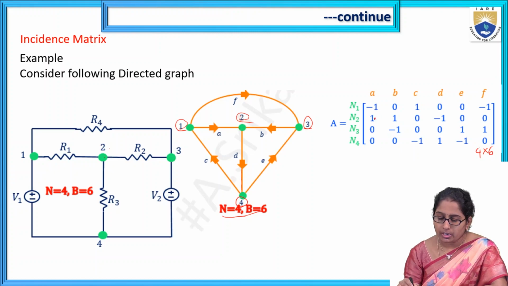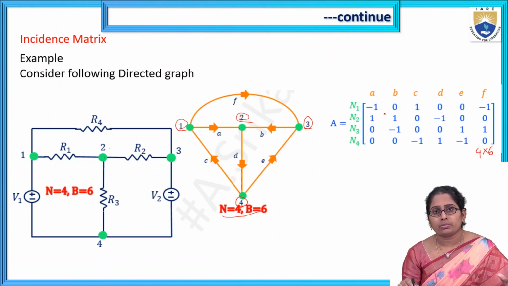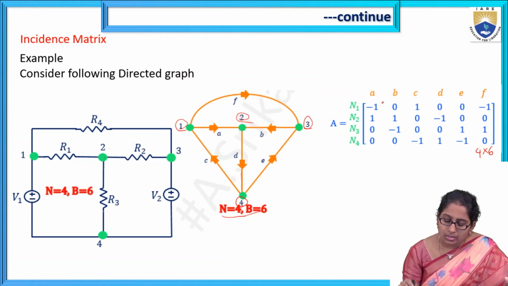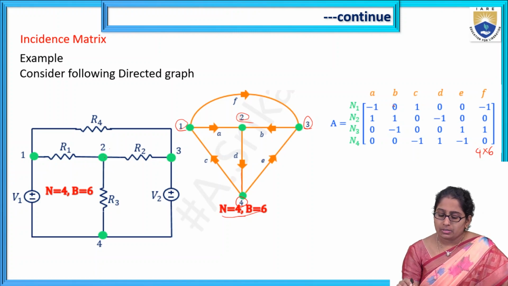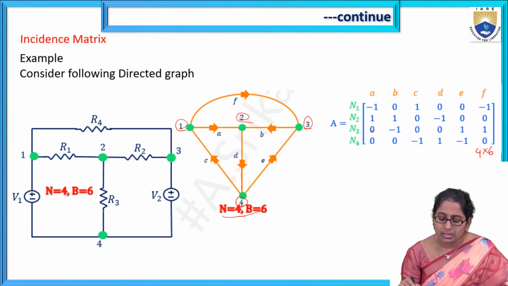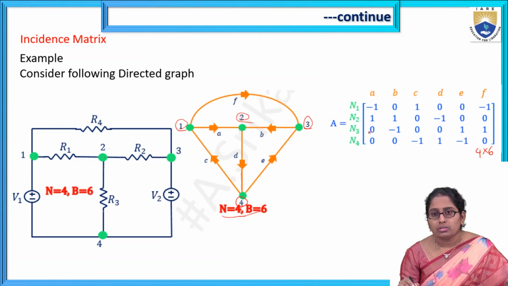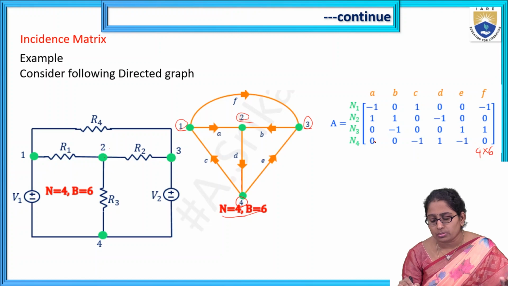That's why at node 2 you write +1. It is connected between nodes 1 and 2. The remaining nodes, 3 and 4, are neither entering nor leaving, so their values will be zeros.